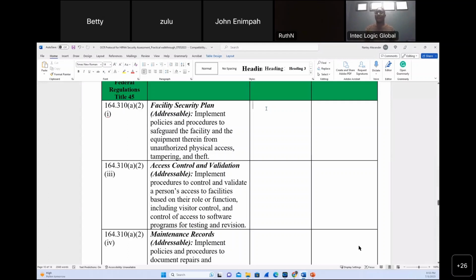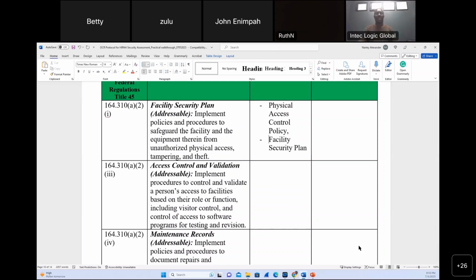The same I said previously, it was a facility access policy. Mm-hmm. So physical access control policy. Then some companies also have a facility security plan, right? They draw a plan that tells you about the various security points, right?